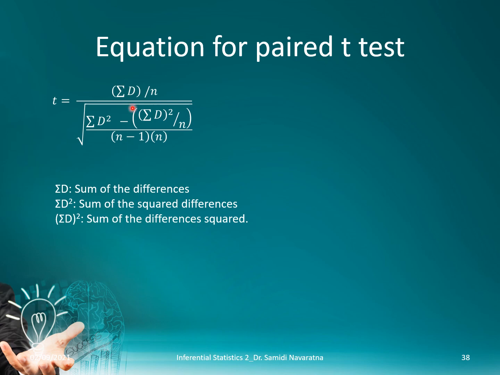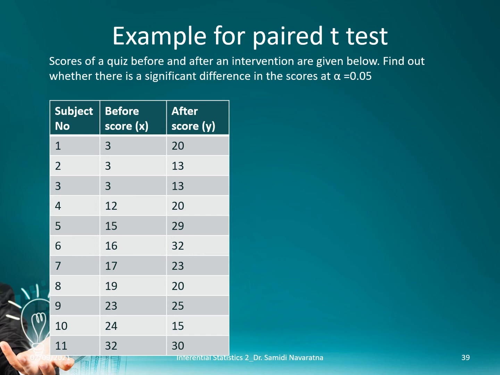Here this is the sum of the differences, and this is the sum of the square differences, and this is the sum of the differences squared. When we look at an example, this will be more clear to you.